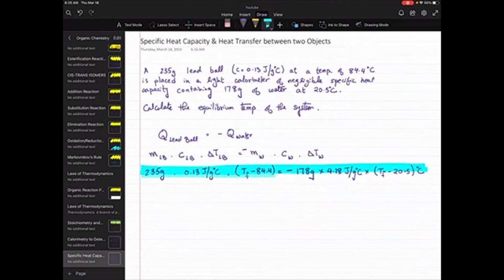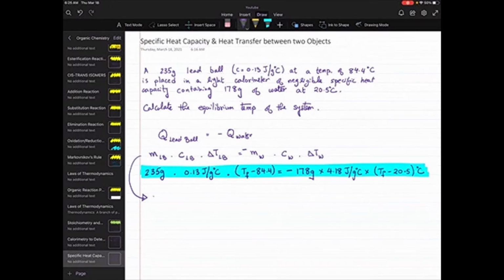This is one way of solving the question, and you will be able to get the answer by solving this. But the preferred way would be to actually find the equation for TF. So I will continue with the equation from here, from the top. I will continue here, and I will start rearranging the equation and then solving for the answer.